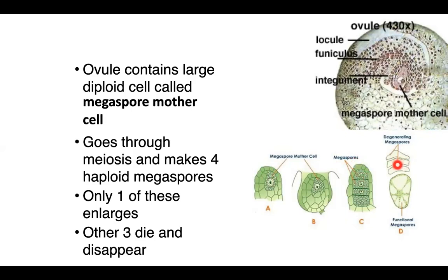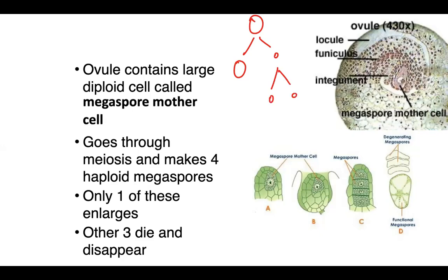I might remind you that this is quite similar to how egg formation works in animals. You have a diploid cell, which goes through the 2 phases of meiosis. After the first meiosis, one of those 2 cells takes most of the cytoplasm.